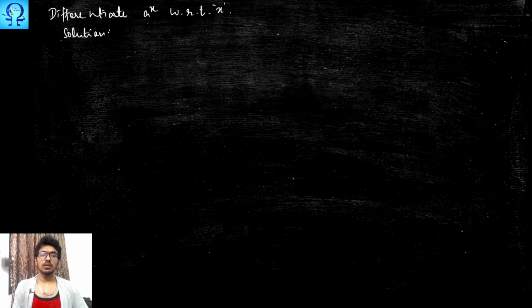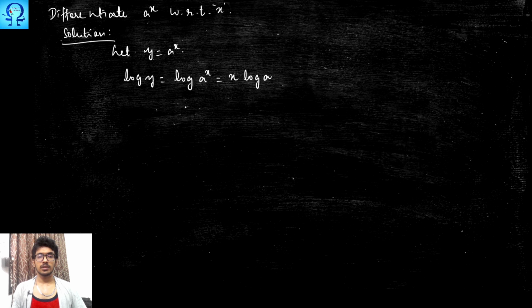Let us take y to be a^x. If x is in the base, we can differentiate. If it is x^a, then we can differentiate it easily. Since it is given as a^x, we will have to bring down this x, for which we take log. So log y is log a^x, and this happens to be x times log a.